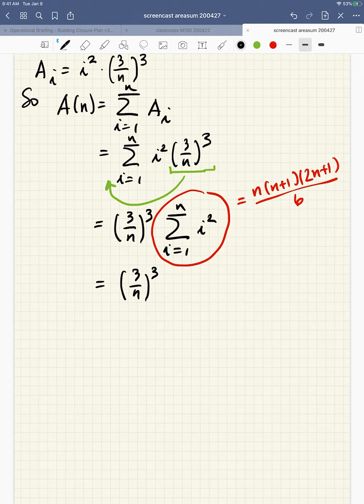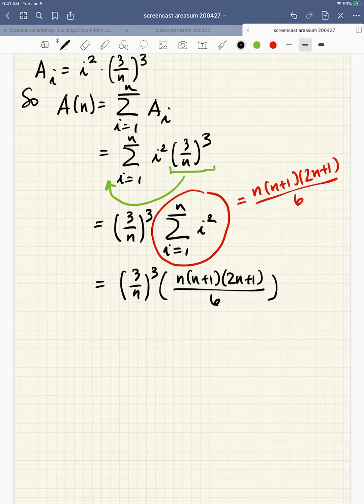And that's what we're doing right now. So the summation identity lets me replace the summation with n times n plus 1 times 2n plus 1 over 6. So that's my formula for An.